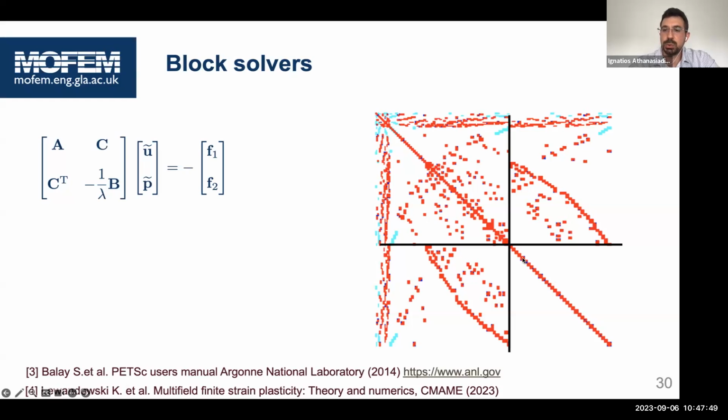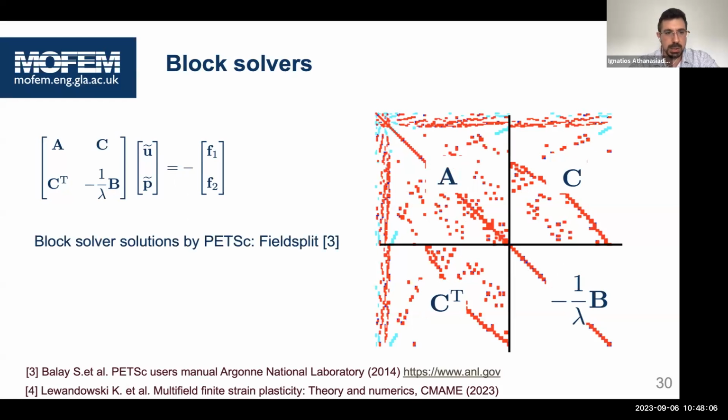So there are emerging features that we can take into account in order to solve this system of equations more efficiently. In the general case, regardless of whether it's L2 or H1, as I said, here are the matrices, and we can use block solvers given by PETSc, where we define which is the first diagonal submatrix and which is the other one.